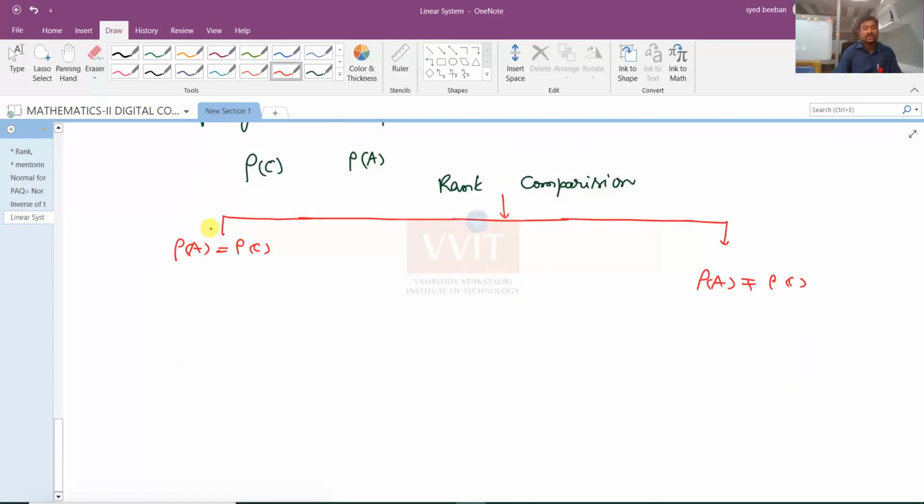If rank of A equals rank of C, then the system is said to be consistent, which means a solution exists.